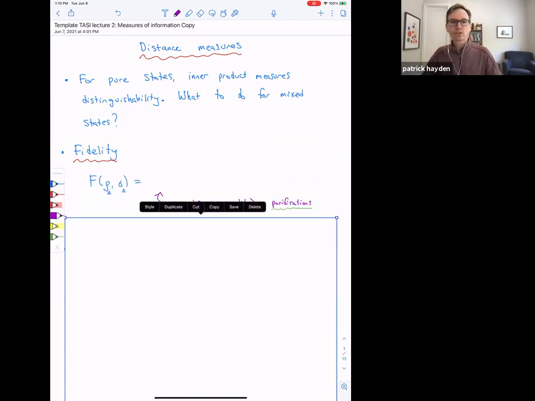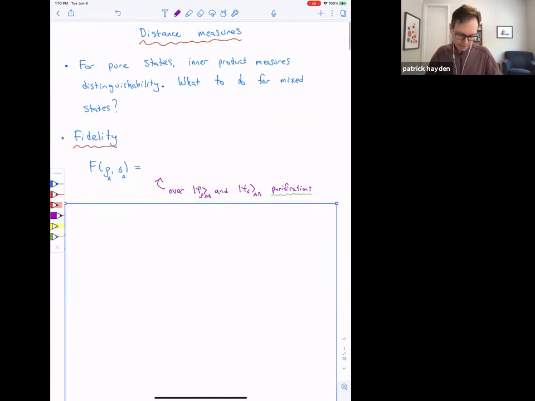So if you have two mixed states, rho and sigma, and I put little subscripts A on them because that's going to be convenient here, indicating that they're states on some system A, then the way the fidelity is defined is by saying, well, we have the inner product, so let's try to use the inner product. So let's convert these mixed states into pure states. And so it's going to be an inner product between a pure state associated with rho and a pure state associated with sigma.